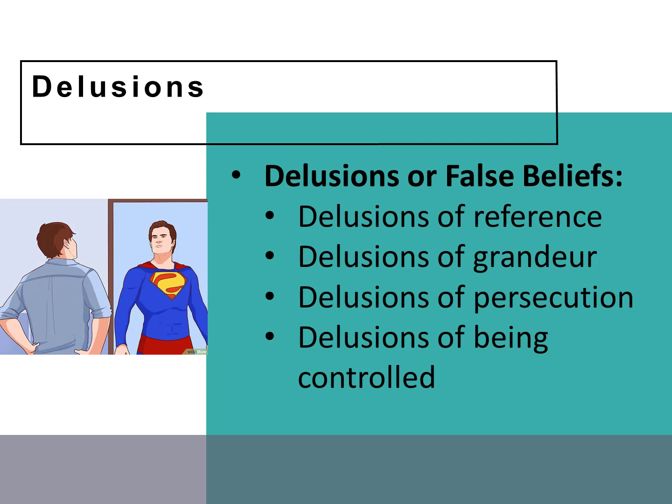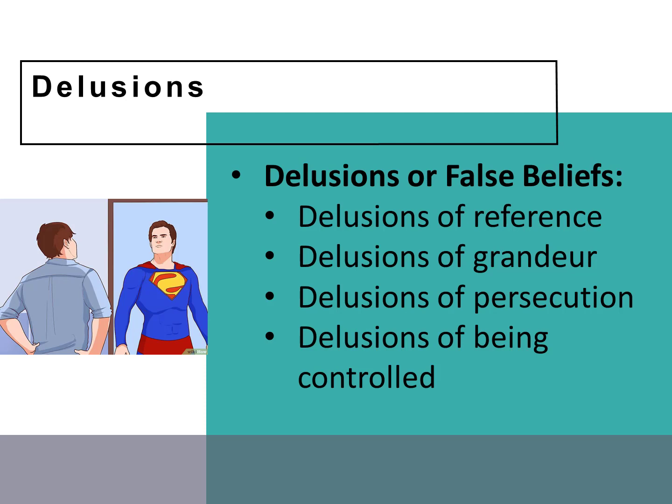Delusions of grandeur are delusions where they believe they're something important or special. This little picture I have here is of a guy looking in the mirror and he sees himself as Superman. That's kind of a delusion of grandeur. A lot of times, with people with schizophrenia in particular, there's some kind of impending doom, that the world's going to end or be destroyed, and they're the only person that can save the world from destruction.